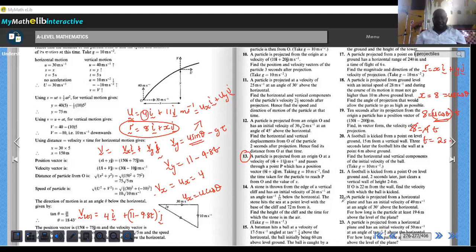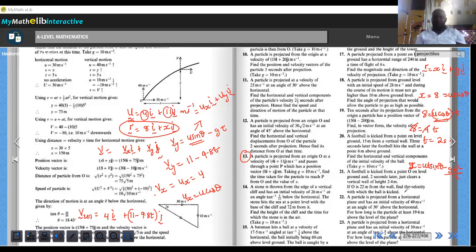We are using vectors. Then they are also asking us to find x. x is the vertical displacement. The vertical displacement, remember, is got from the expression ut sine theta minus gt squared over 2. But u sine theta is the vertical component of the initial velocity, which was 11.